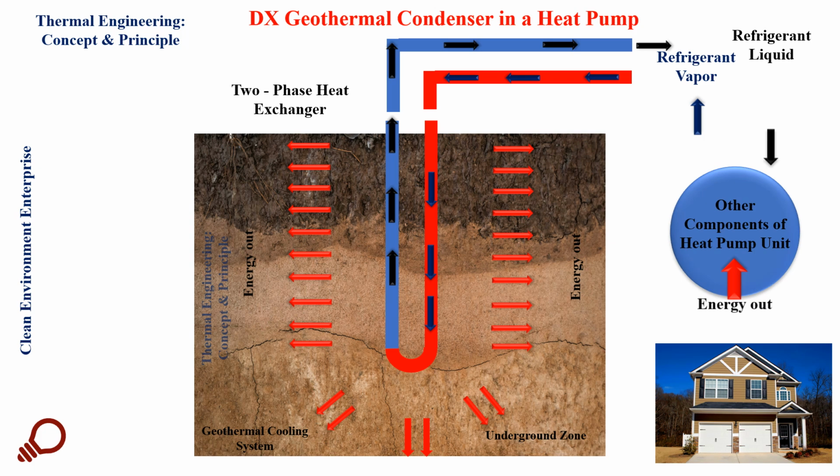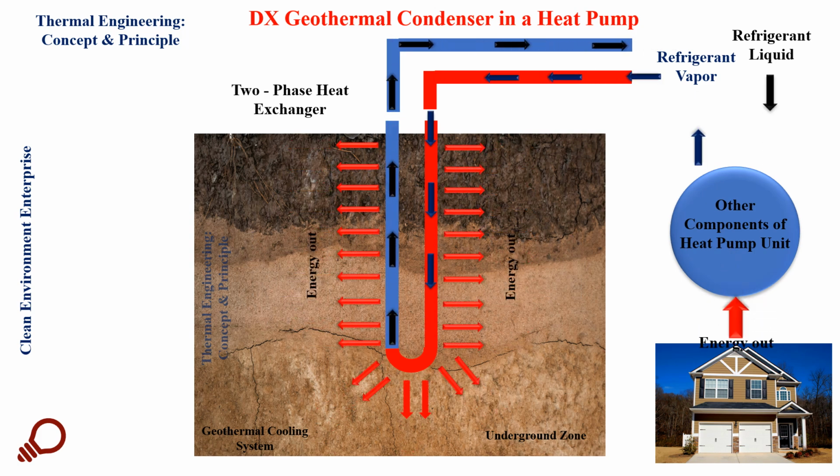Again, this is a DX geothermal condenser because we didn't need an intermediate fluid to transfer energy to the ground, because the main fluid that is circulated in the heat pump is the liquid which passes through the heat exchanger.